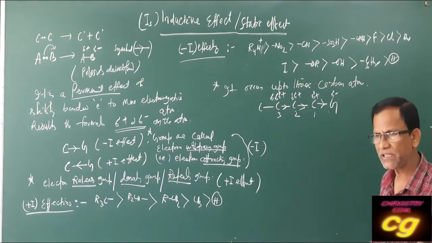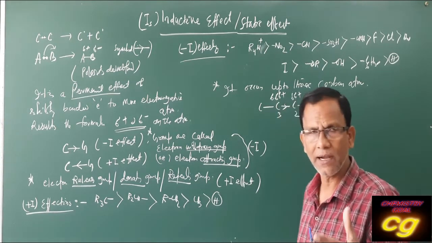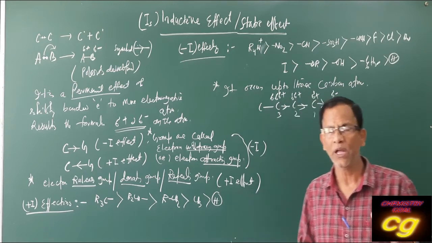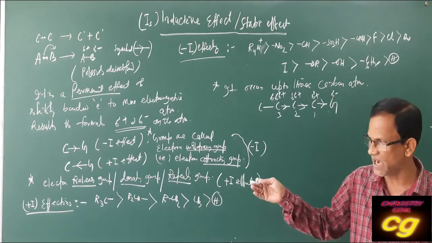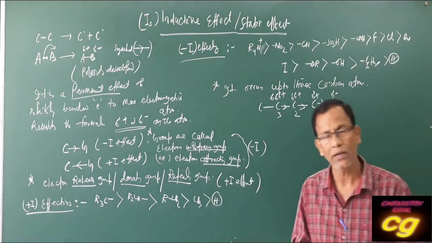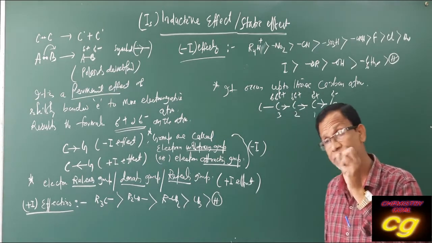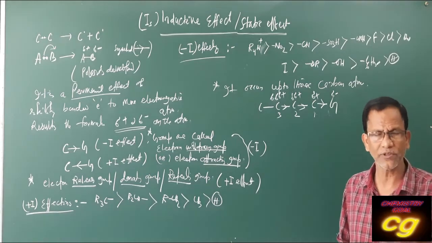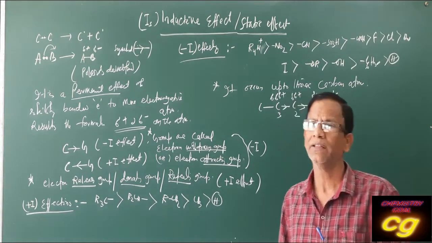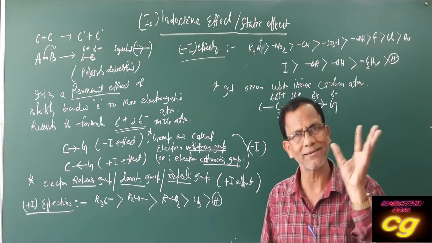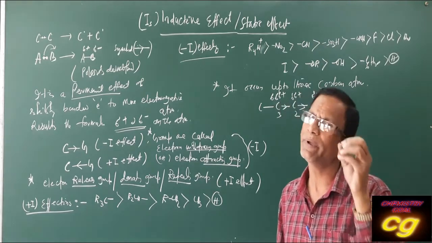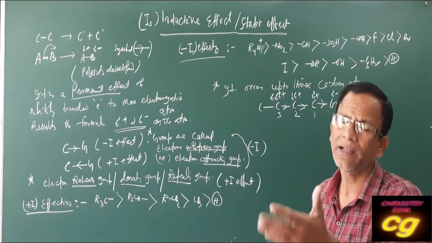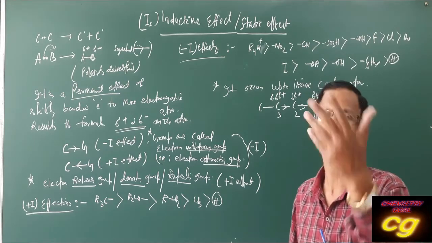Just like persons standing in a queue touching hand to hand, if the first person is attracting the second person, then the attraction between the first and second is more compared to the second and third, and similarly the third and fourth.